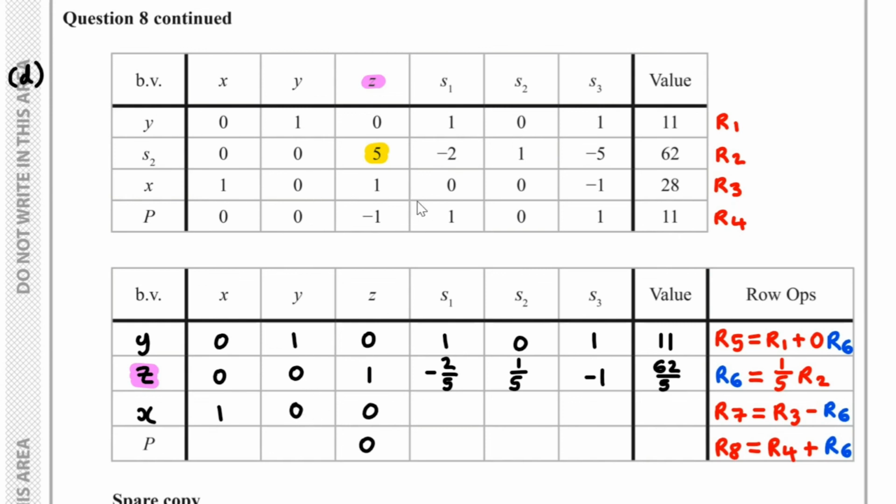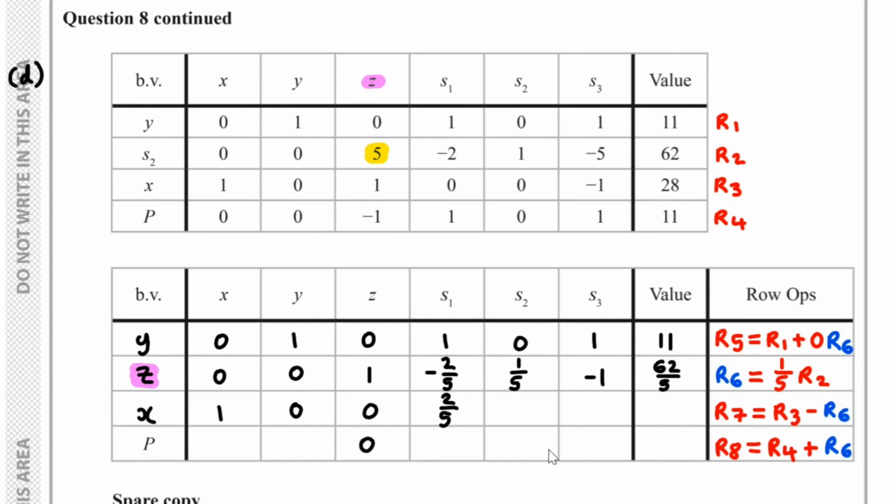Then I've got 1 take away 1, which is 0. Then I've got 0 take away minus 2/5, so that will be positive 2/5.